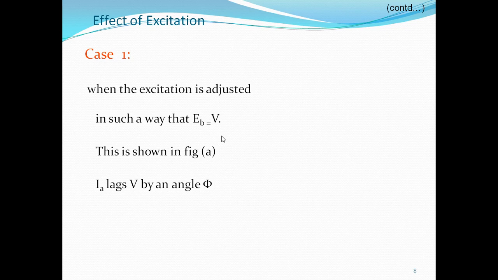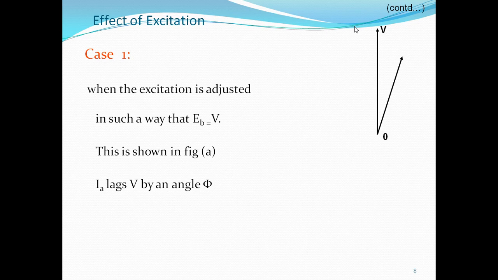If you draw the figure, it shows the armature current IA lags the supply voltage V by an angle phi. See here how you can draw it. This is the voltage vector OA we have drawn.